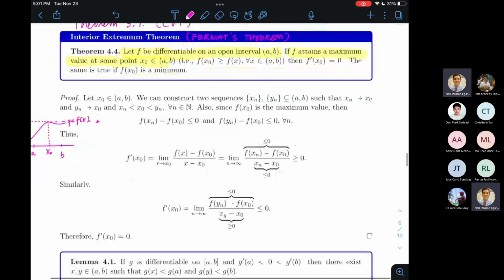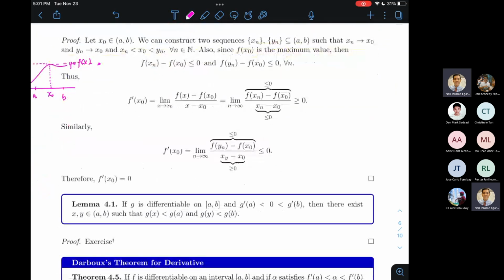Let's see why this is true by looking at the proof. So we will consider an intermediate point, x sub 0, of the interval AB. And then what we will do is we construct any sequence x sub n or any sequence y sub n on the open interval AB with the following conditions. Dapat si xn at saka si yn ay nagko-converge sa x sub 0.